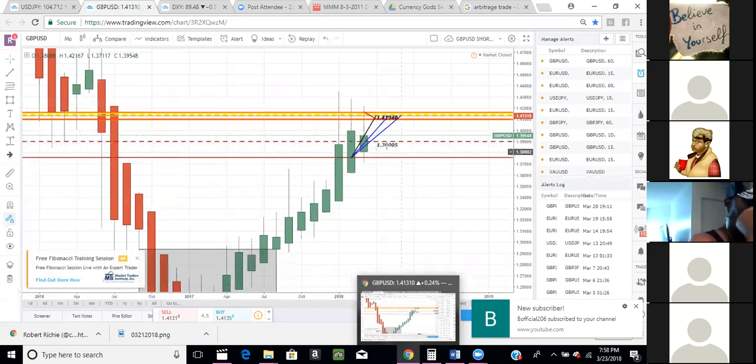So when I do this 38.2 zone setup, what am I looking for, Tina? Three consecutive below, right? One, two, three, 38.2. If I want a long-term trade, because this is a daily, I can't worry about any of these up here because they're too small, but this daily one is perfect.